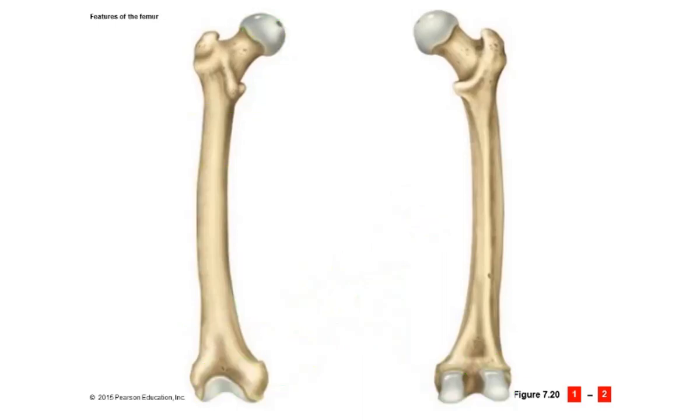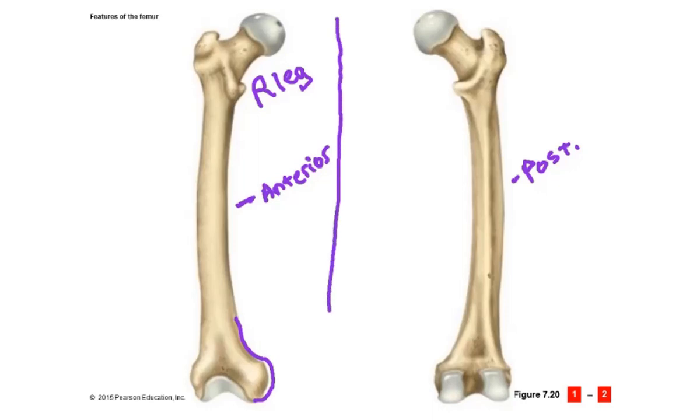One other thing I wanted to point out to you on this picture: this is the anterior, the front, and this is the posterior, the back. This would be the right leg, the right femur, the patient's right. Do you notice how on the right leg this comes in on the medial side? Here's the median of the body right here, so the left leg is going to be over here.